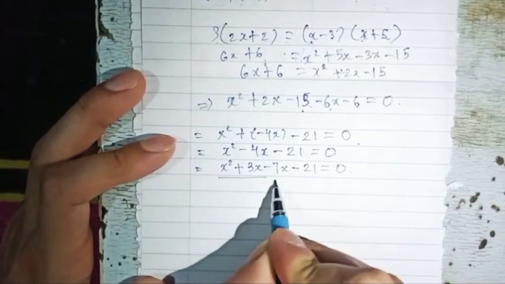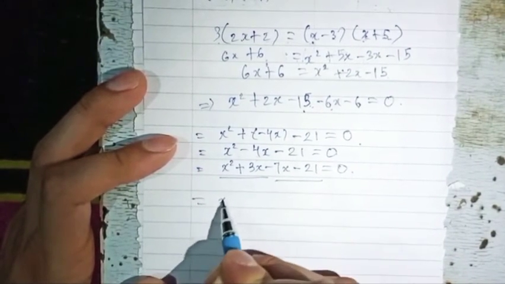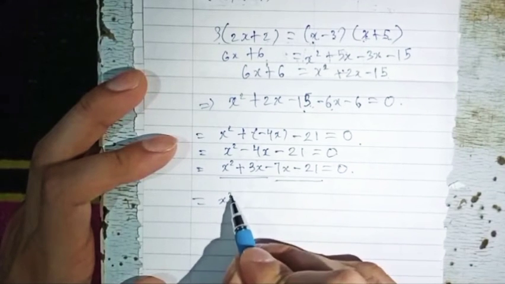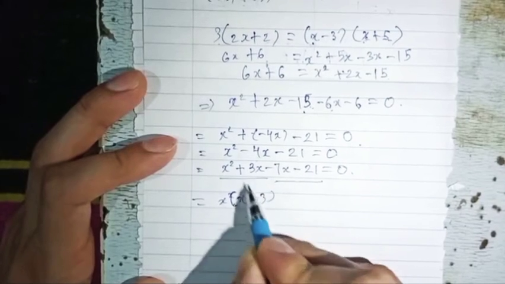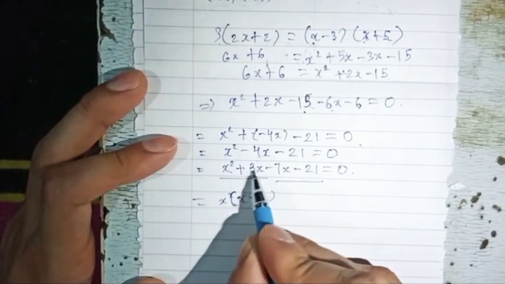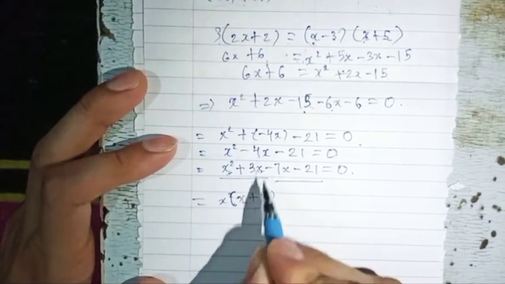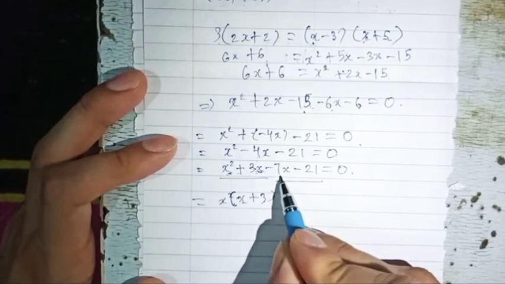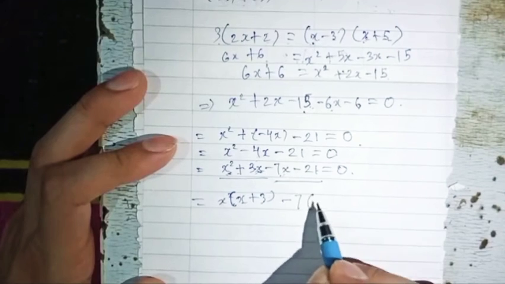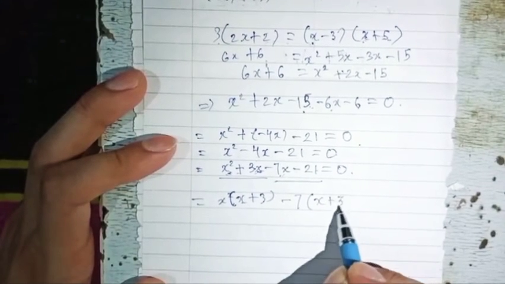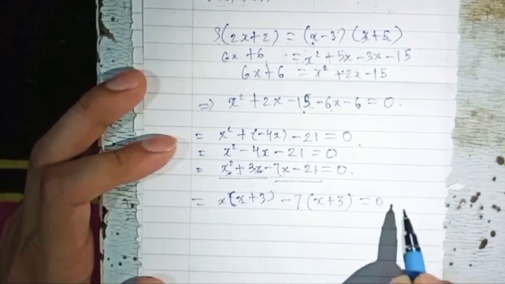Now taking common between these two terms, x square plus 3x is there, so I have taken x common, then x plus 3 will remain. Now minus 7 is common from these two terms, then x plus 3 also remains here, equal to 0.